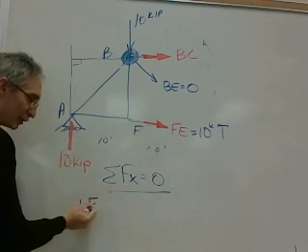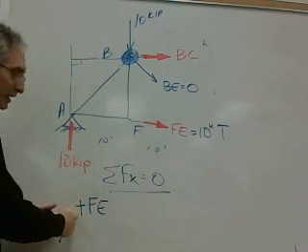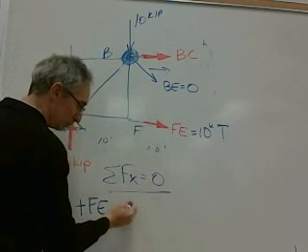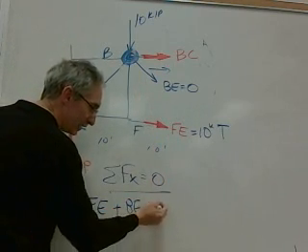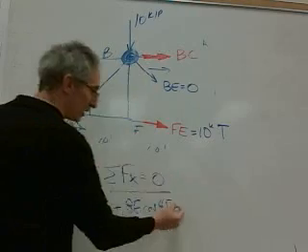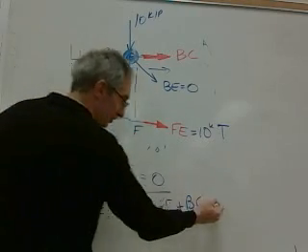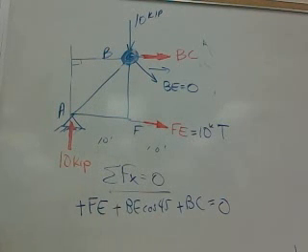Here's the way my original equation would look: plus FE, plus BE cosine of that angle, and plus BC. There are no other X forces, so those would have to equal 0. If you wrote that one at the very beginning, that's what you would have had.